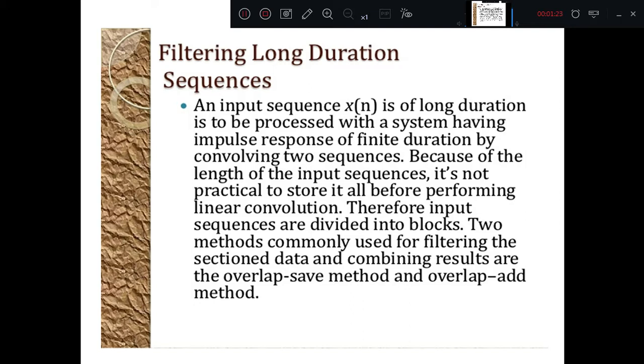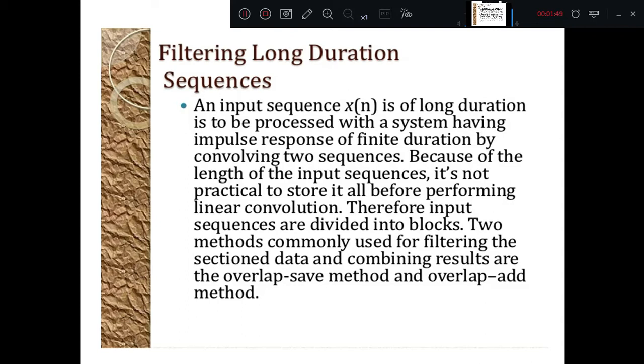But in the case where the input sequence consists of a large number of sample values, it is very difficult to perform the linear convolution, as well as impractical to store all the samples of the long data sequence because it takes more memory.